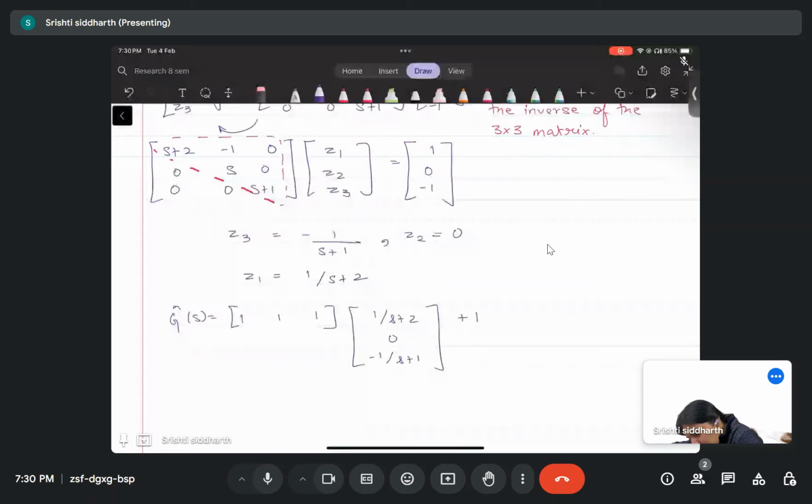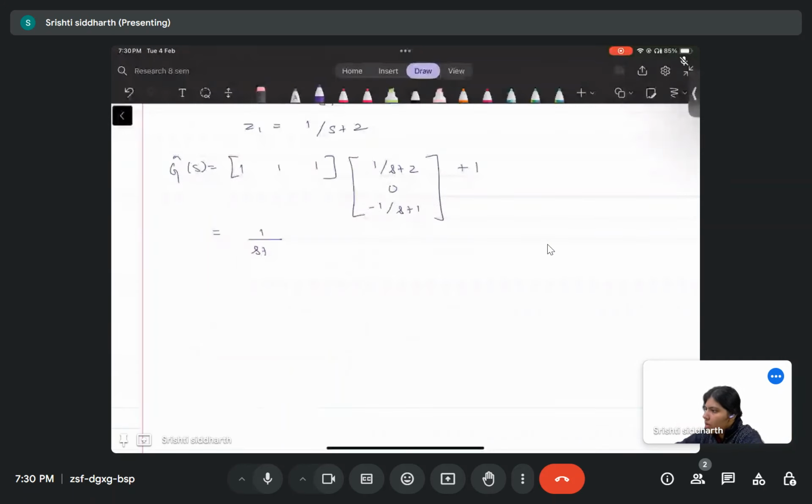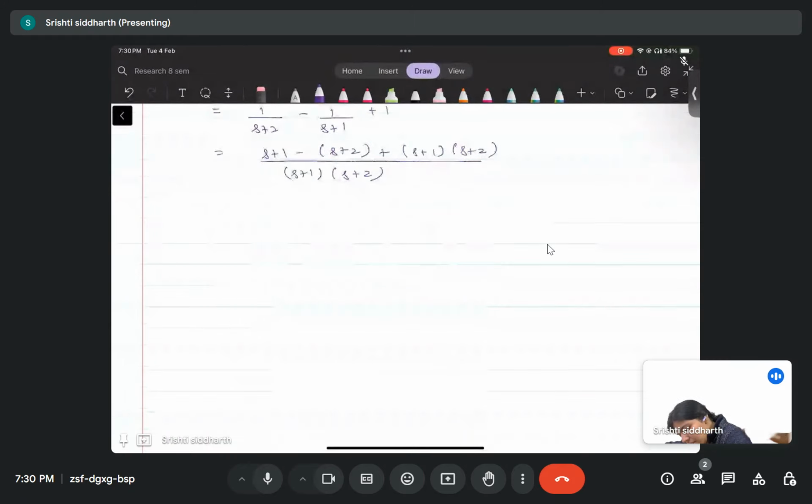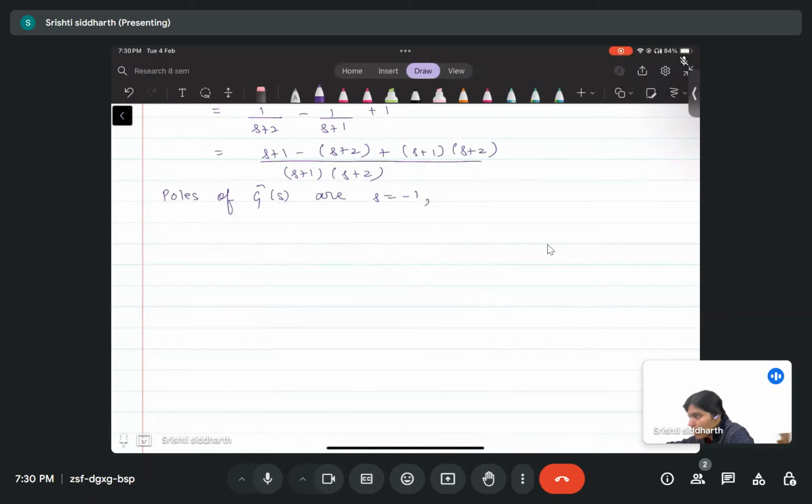So the denominator is (s plus 1)(s plus 2). I have to comment on the poles of the transfer function. The poles of the transfer function are s equals minus 1 and minus 2.